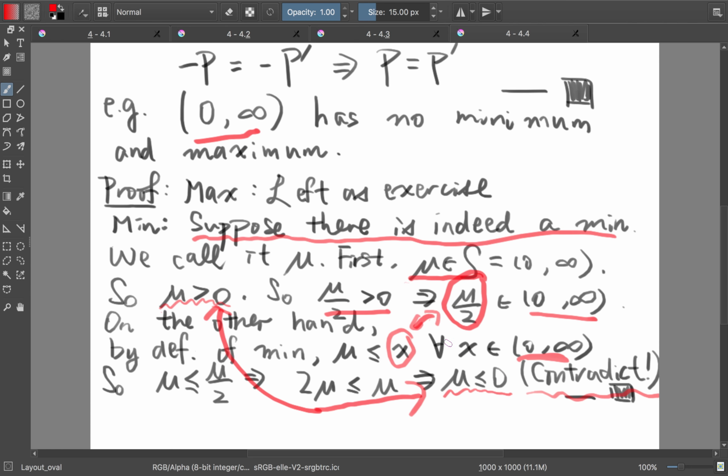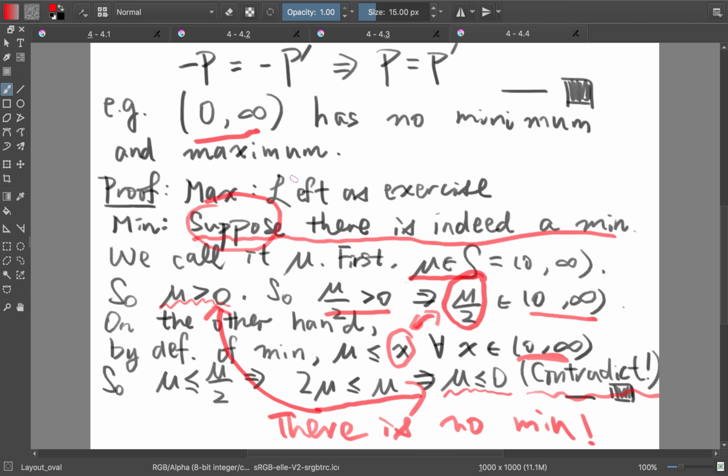And as we found a contradiction, that means this assumption is indeed wrong. And what is the negation of this statement? The negation is that there's no minimum. Okay, so we have proved that this interval indeed does not have any minimum or maximum.